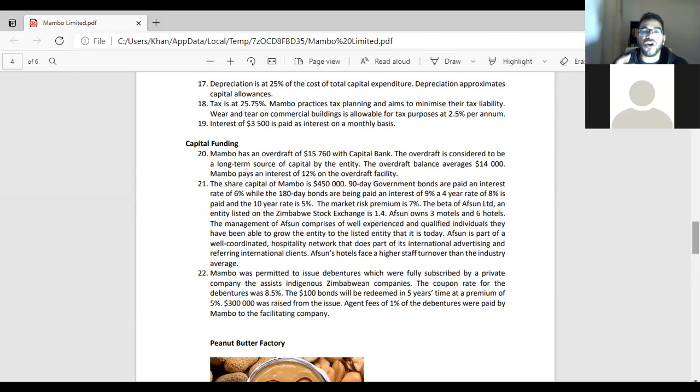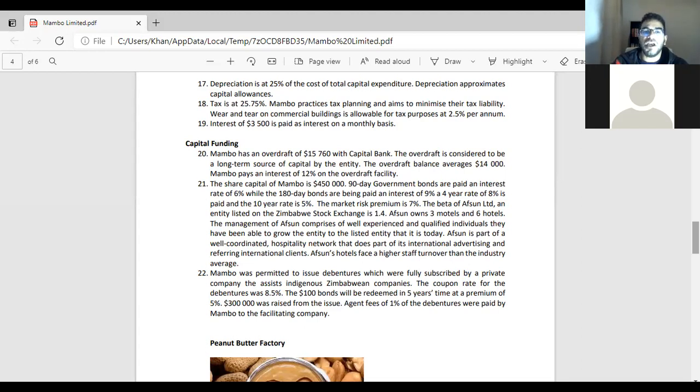Therefore, it is not part of the long-term source of finance, and therefore it is not part of your weighted average cost of capital. But here, they specifically told us that it forms part of our long-term source of funding. So therefore, we're going to include it in our WACC calculation.